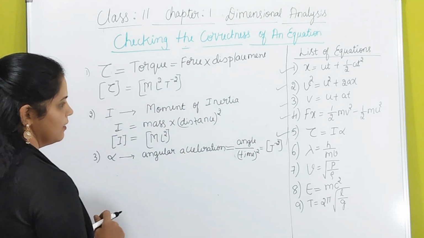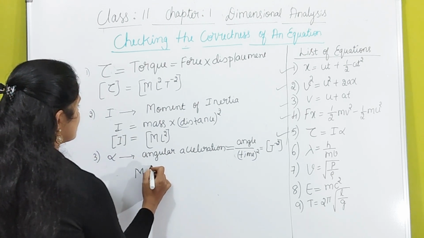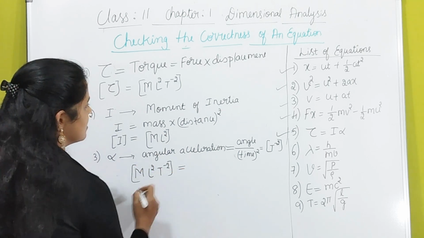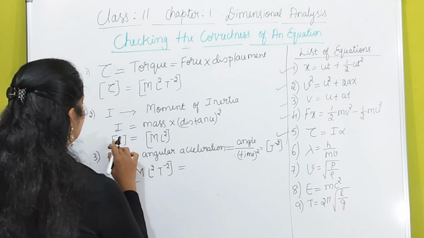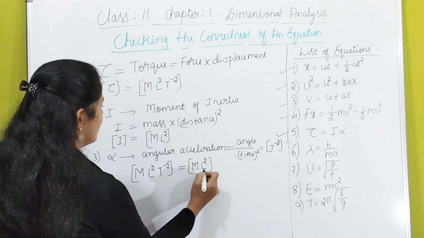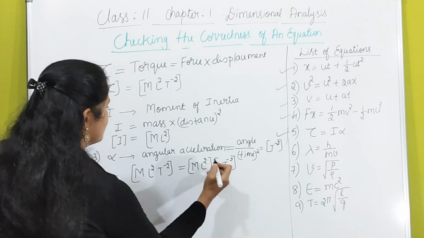All these together: tau is M L square t minus 2, that is equal to I, which is M L square, into alpha, which is t minus 2.